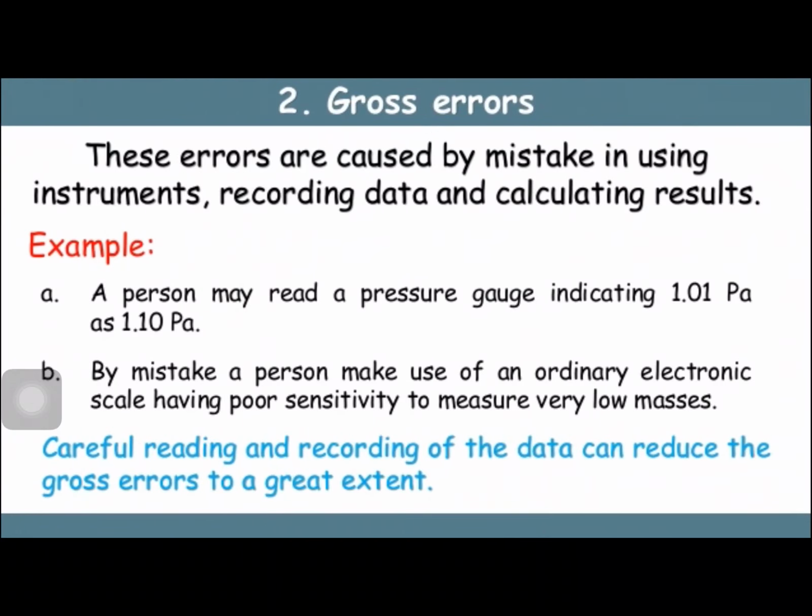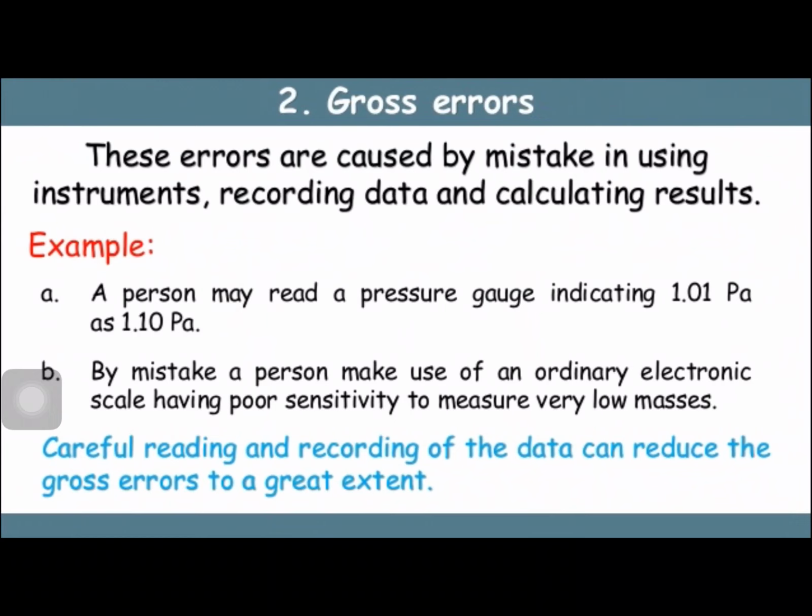See gross error, it's caused by mistakes in using instruments, recording data and calculating results. That means if you note one reading but write another, this also leads to gross error. For example, a person may read a pressure gauge indicating 1.01 Pascal and note it as 1.10 Pascal.